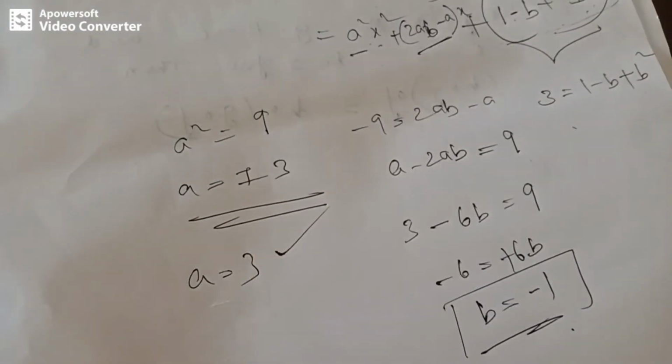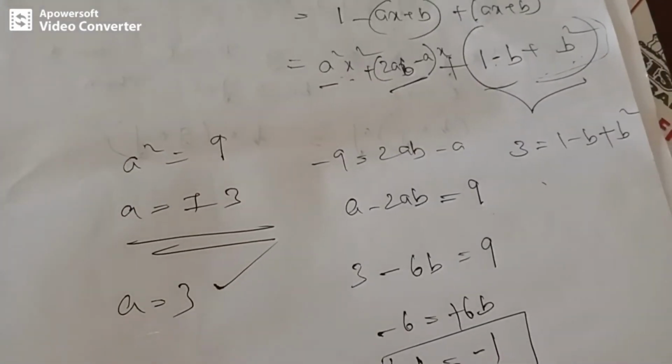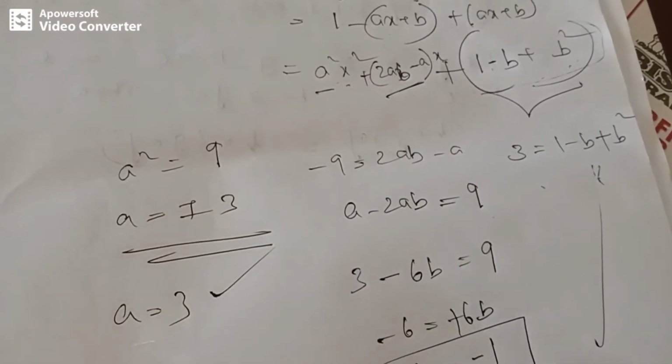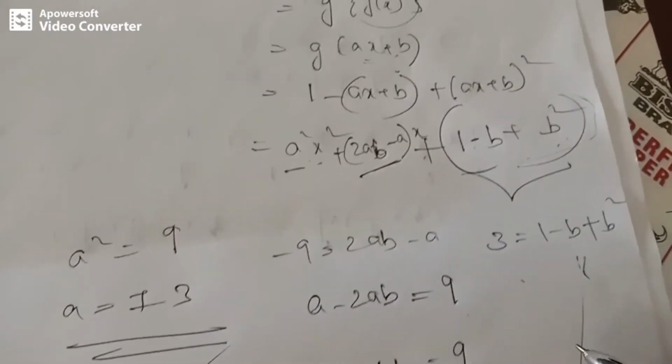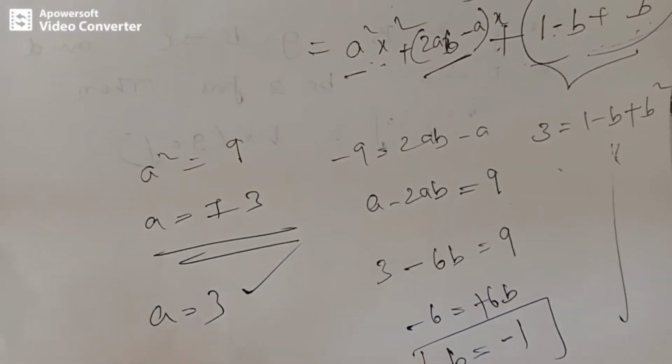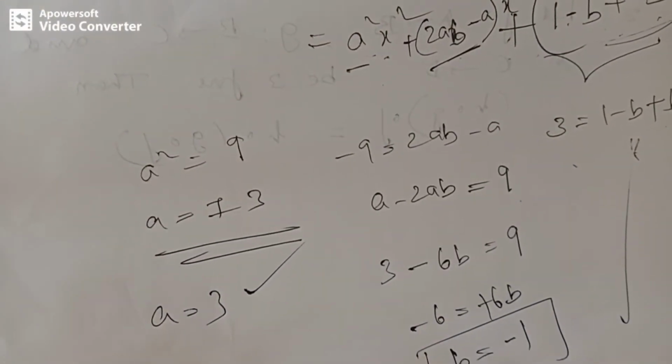Or if we take a is equal to minus 3, I'll just try with this substitution. We get 3 is equal to 1 minus of, so we cannot substitute here. We have to substitute the value of a, so that we get the value of b. So I will be substituting a is equal to minus 3.